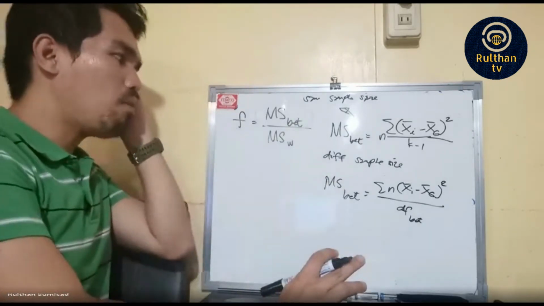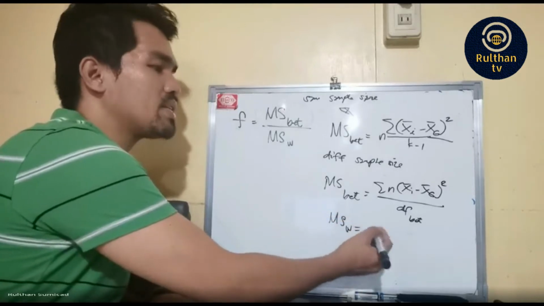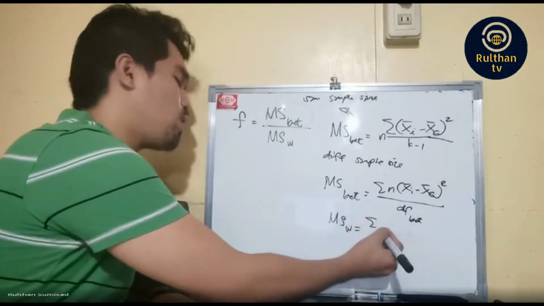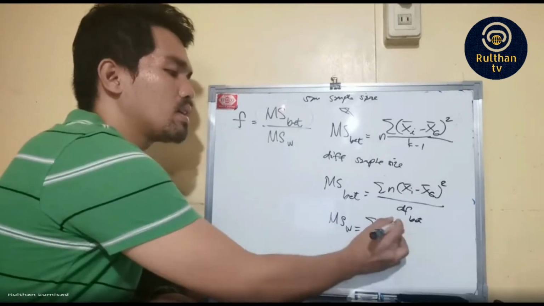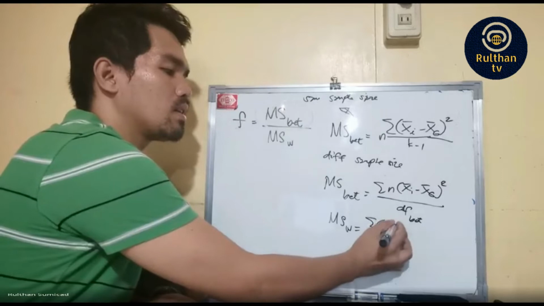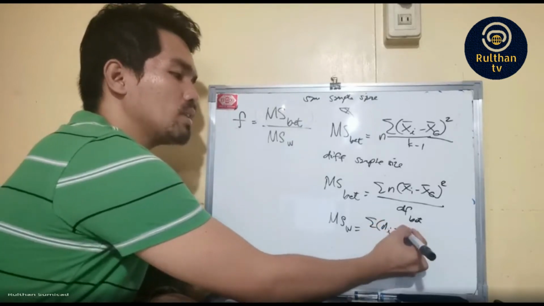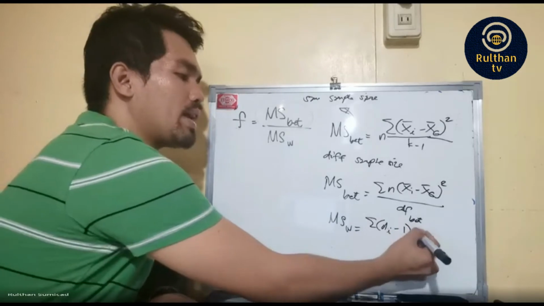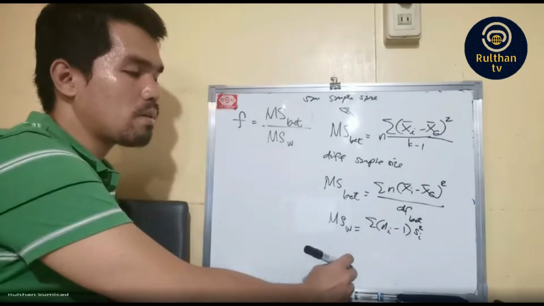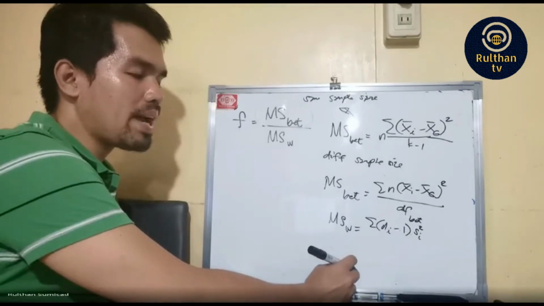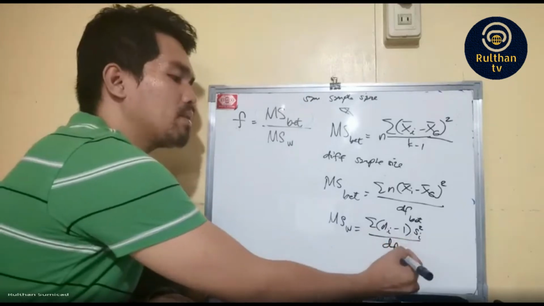And then our MS within is simply the summation of n sub i minus 1 times the square of s sub i, divided by the degree of freedom within.